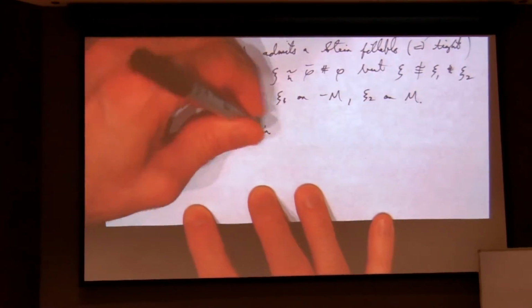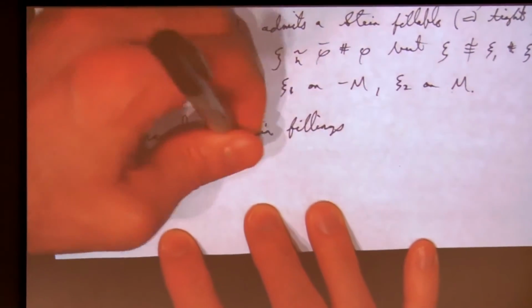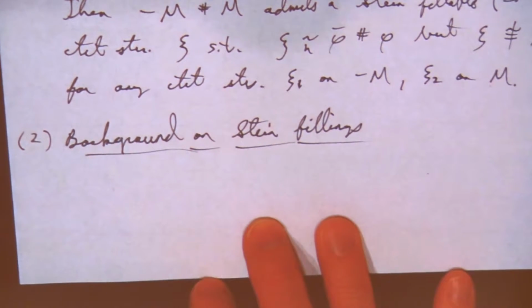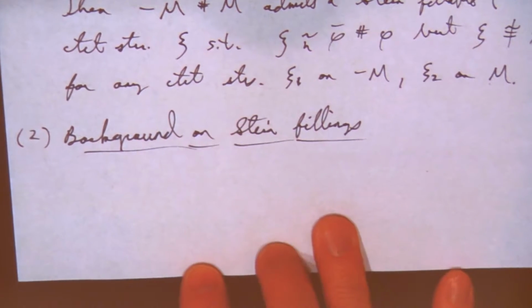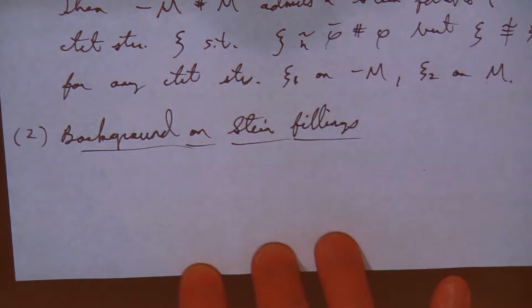Okay. So let's do a little more background on symplectic fillings, and in particular Stein fillings. I don't really want to go into saying what a Stein filling is if you haven't seen it before, but for now you can just assume it's a particular class of symplectically aspherical symplectic fillings, the way I defined before.